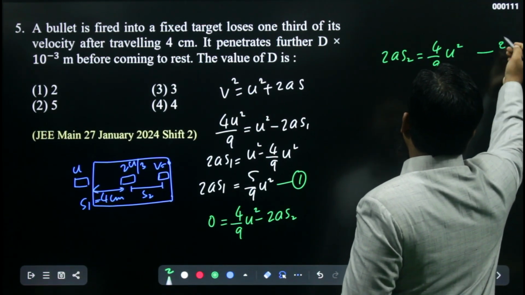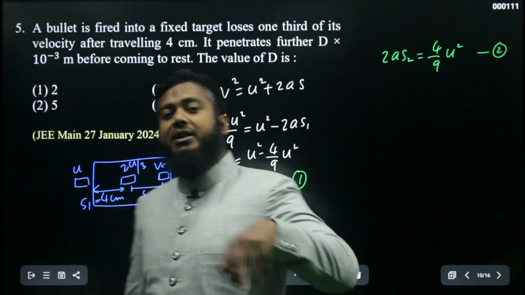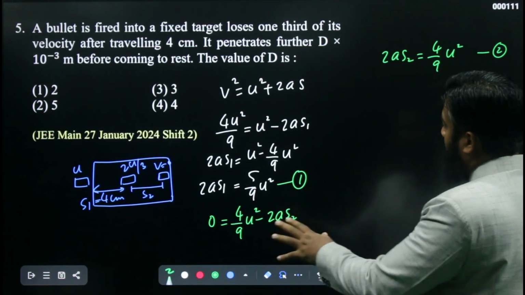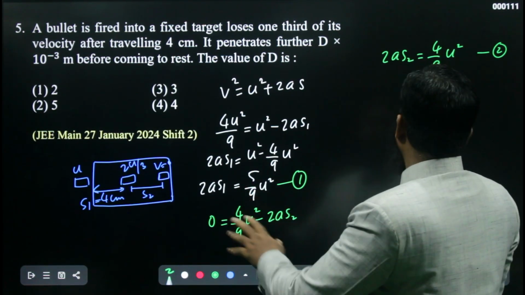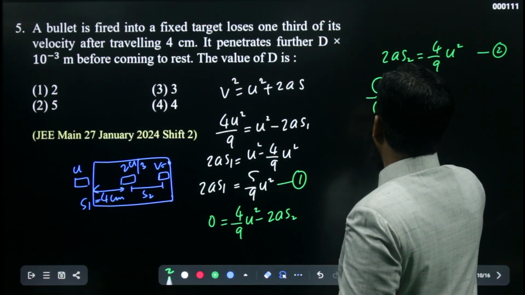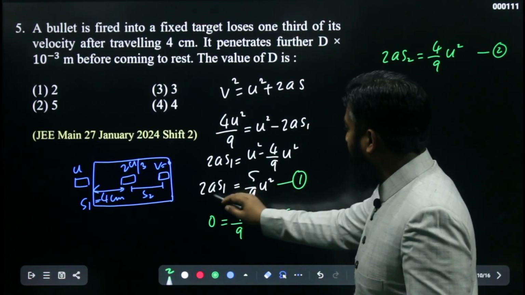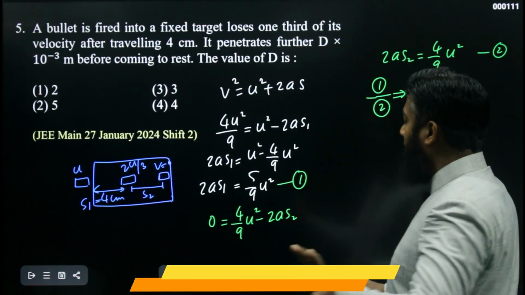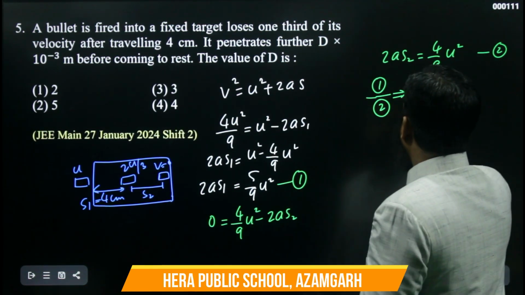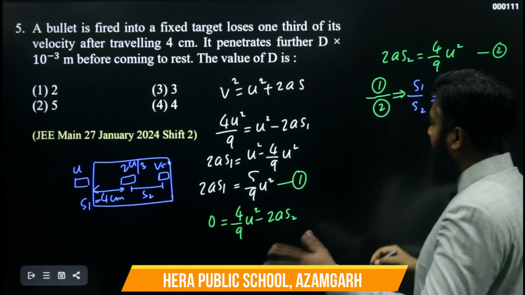This is our second equation. Now we have to find the value of s2 using these two equations. This is very simple. Let us divide equation 1 by equation 2. The 2a on both sides will be cancelled. So s1/s2 is equal to u², and this will also cancel.